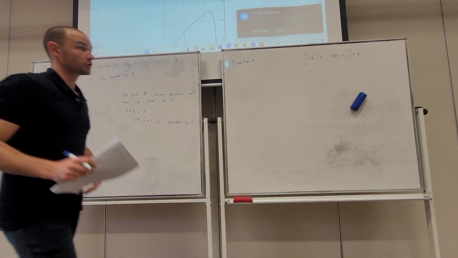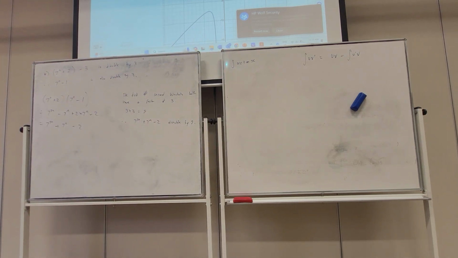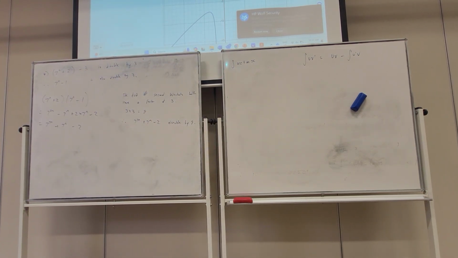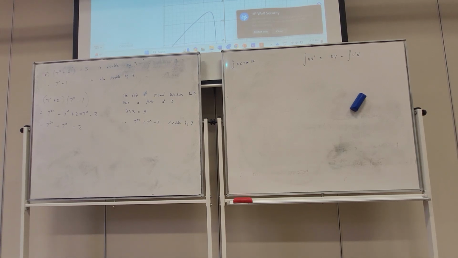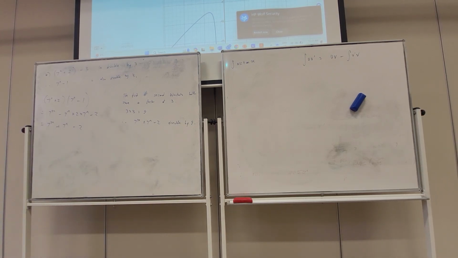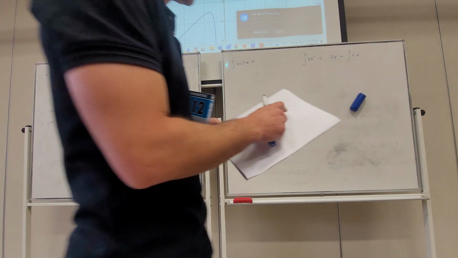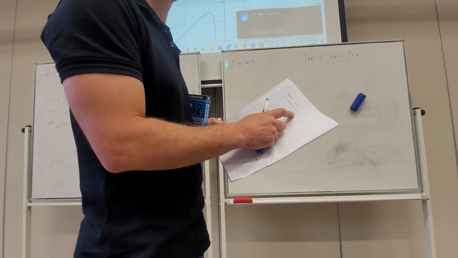And so we want u to be easy to differentiate and v to be easy to integrate. So let's have a look at our integration rules. So v dash is 1? Yes, and the hint there is, if you look at what it integrates to, x arctan x.